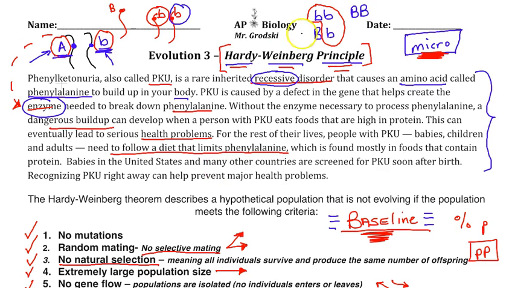Look at the 3 individuals I have here: heterozygous, homozygous recessive, and heterozygous. What would be the total percentage of alleles? Well, you'd have 3 out of 1, 2, 3, 4, 5, 6. So 3 out of the 6, which is equal to 0.5, would equal your Q, which is your recessive allele.